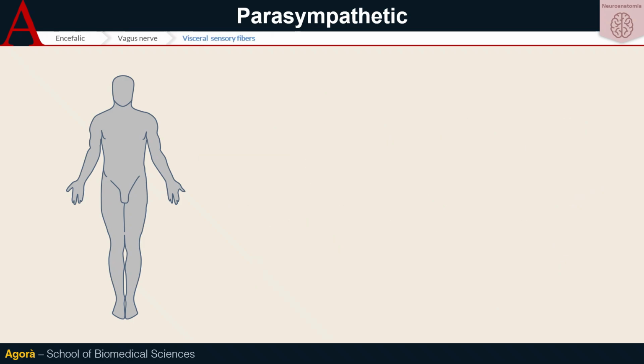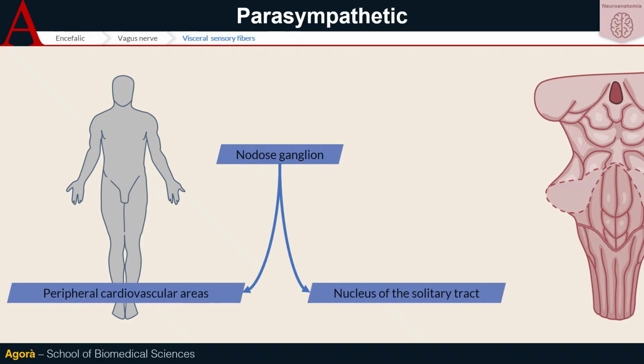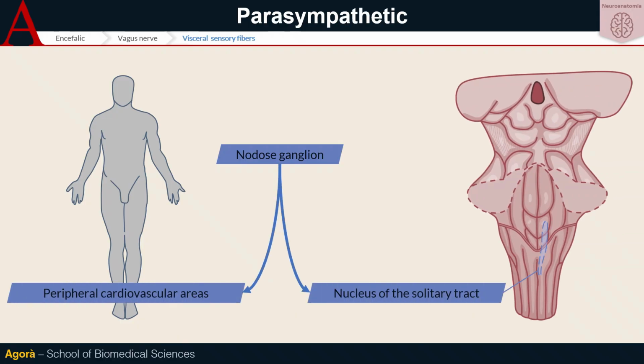Again, there are visceral sensory fibers that originate in the inferior ganglion of the vagus nerve, also called the nodose ganglion, and reach the nucleus of the solitary tract and the peripheral cardiovascular areas.